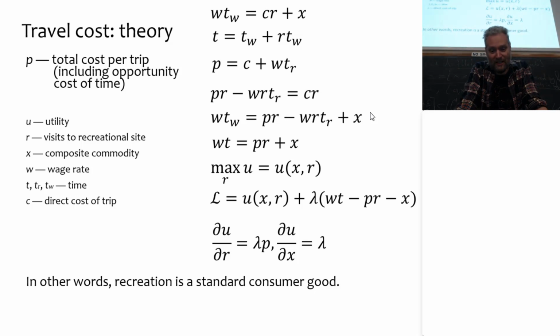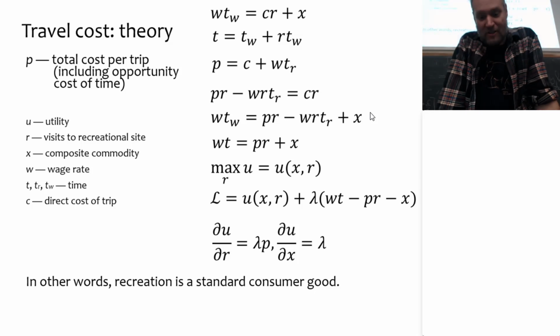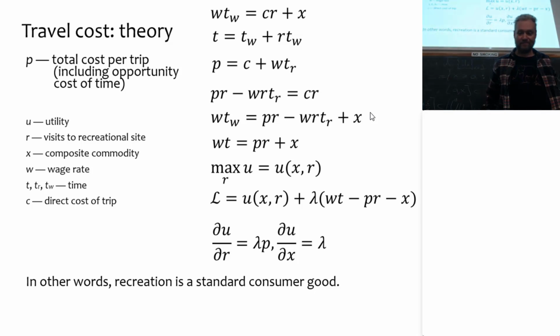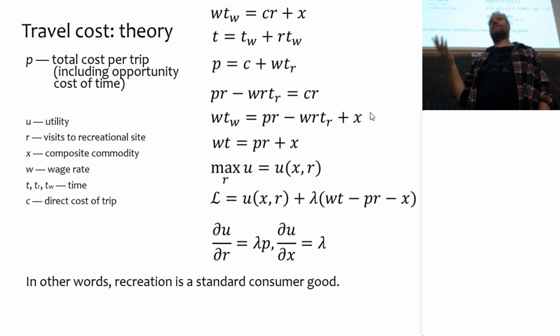So we want to maximize utility, subject to the constraint that WT is equal to PR plus X. You form the Lagrangian, you see there, introduce the Lagrange multiplier lambda, and you have your first order condition that du dr is equal to lambda p, and du dx is equal to lambda times 1, because we normalize the price of the consumption good to 1, and we just have our marginal rate of substitution, right?